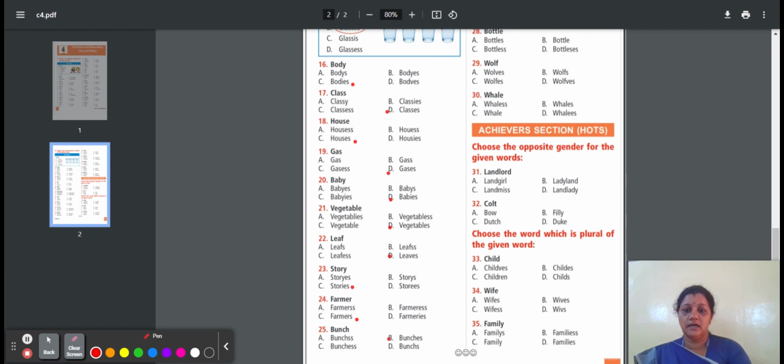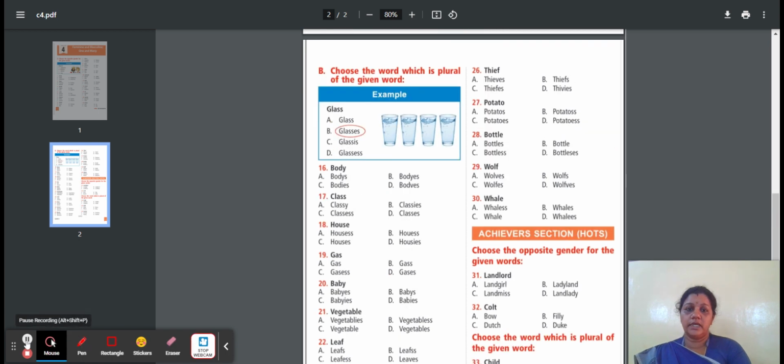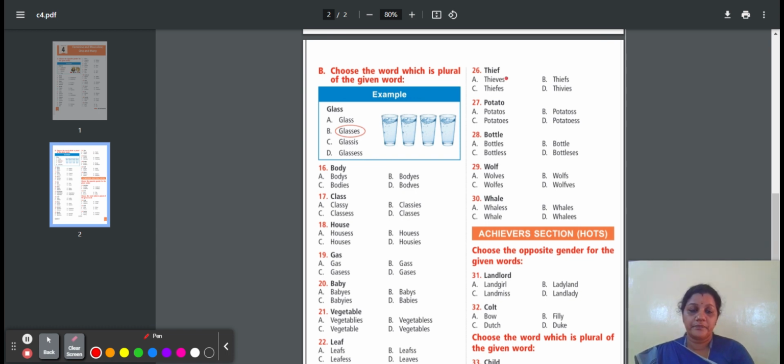Rest of the options are meaningless. 26, thief. Here this word ends with F. So we have to remove that F and add VES. So the option is A, thieves. Rest of the options are meaningless.